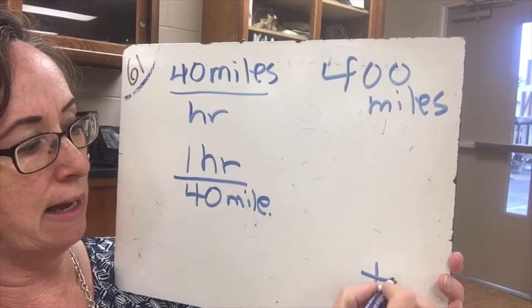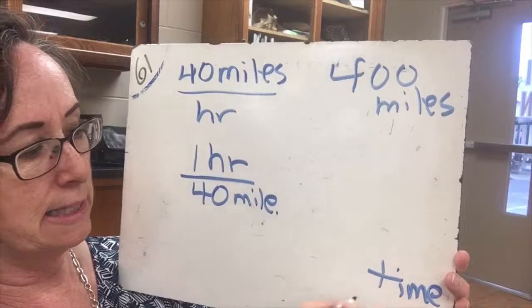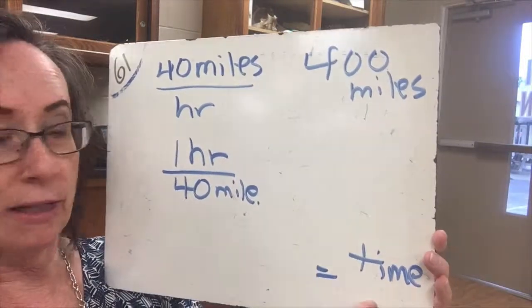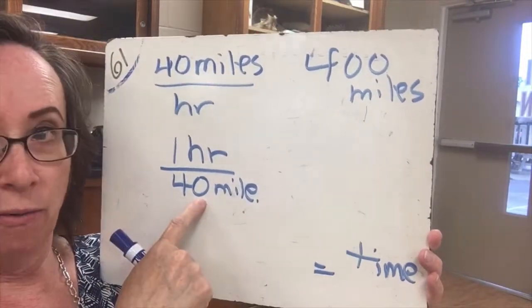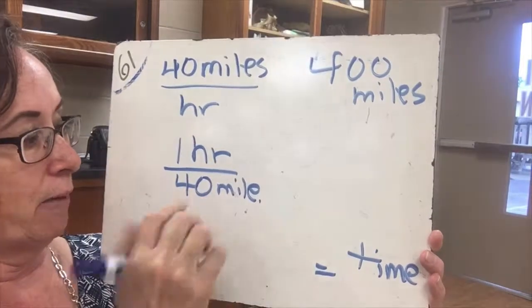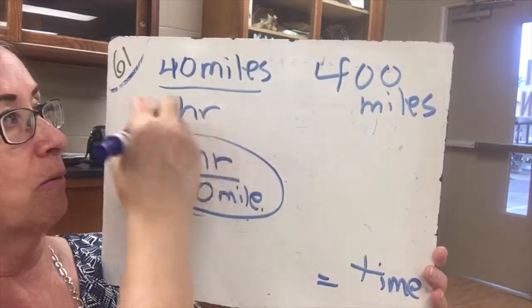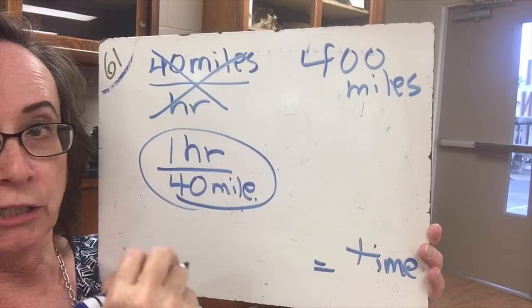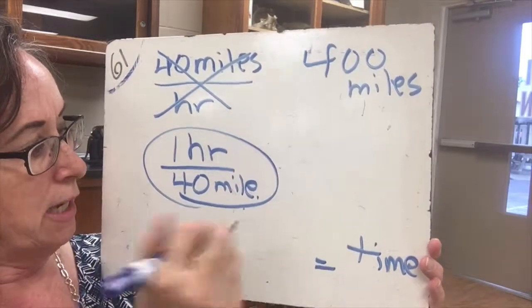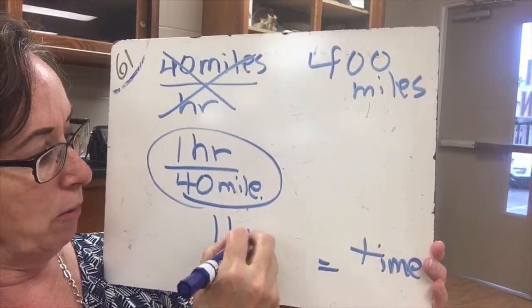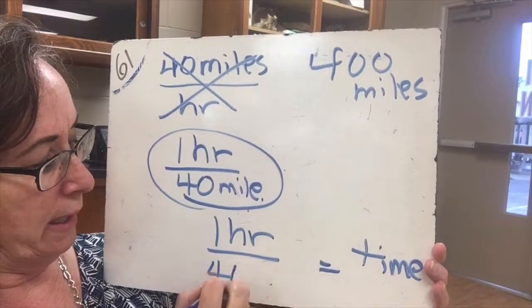So we want time out. Since we want time to come out of the equation, we want our hours on the top. Okay, so we're going to use this one. We're not going to use this one. So we're going to say 1 hour per 40 miles.